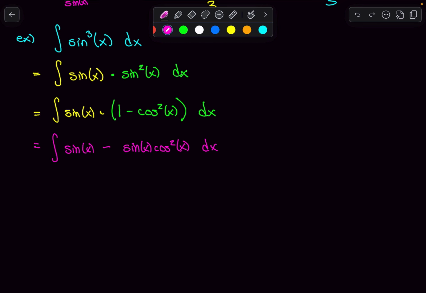Okay, so let's see, what other kind of trouble could we get into using trig functions? Well, we did sine of x times cosine squared. What if we do sine squared of x times cosine squared of x dx?